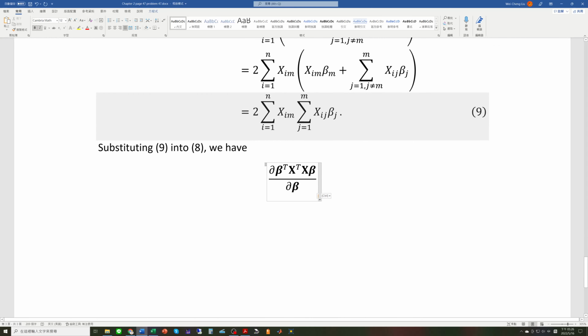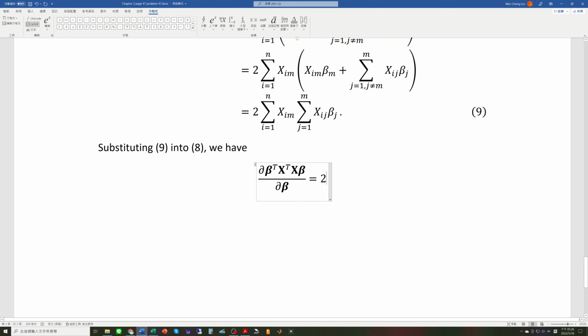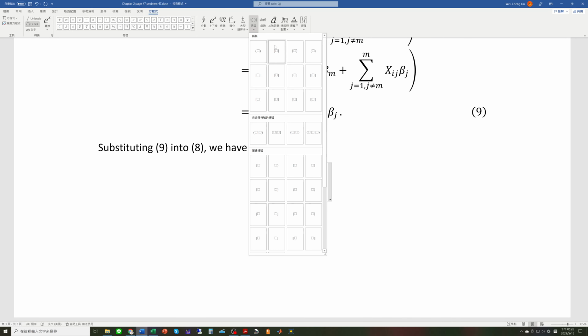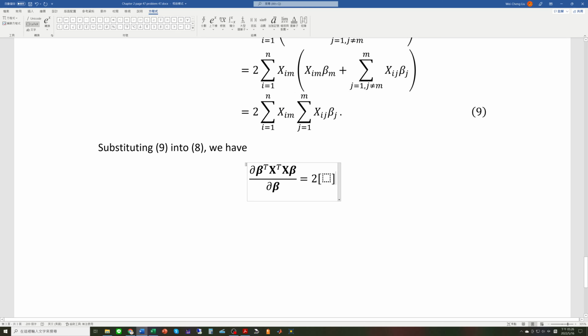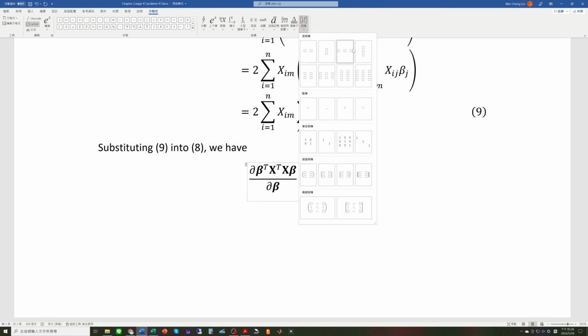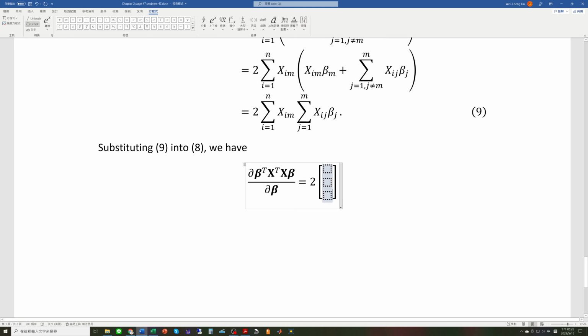So we have partial beta transpose X beta over partial beta is equal to 2 times a column vector.